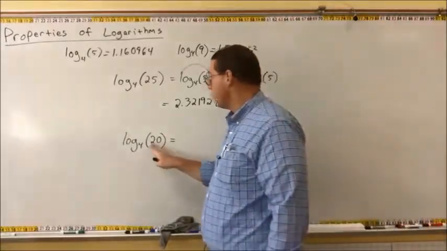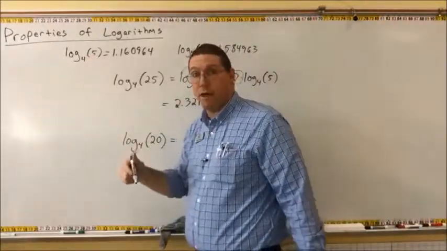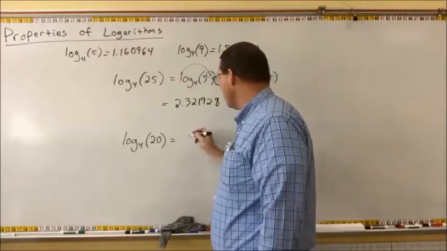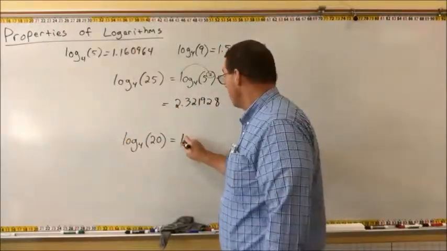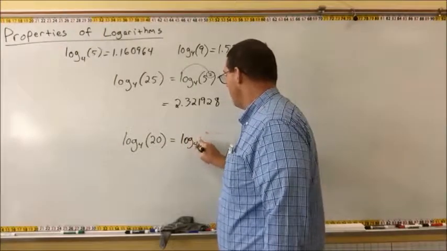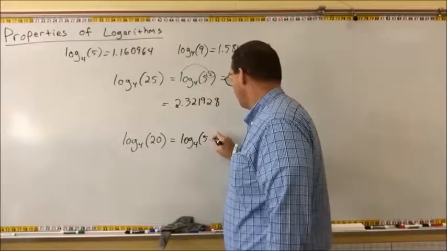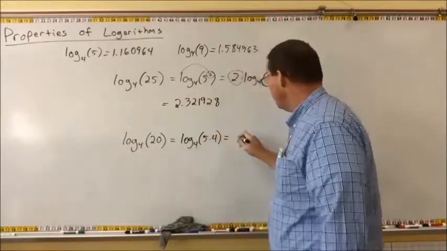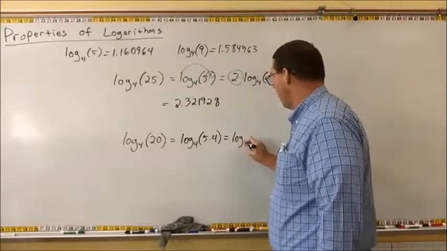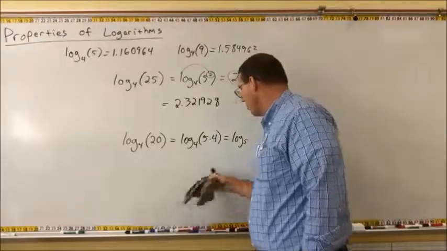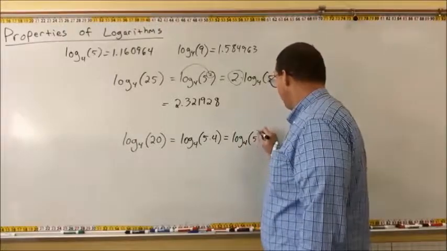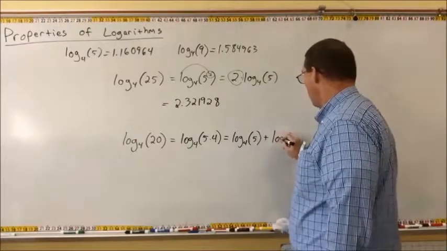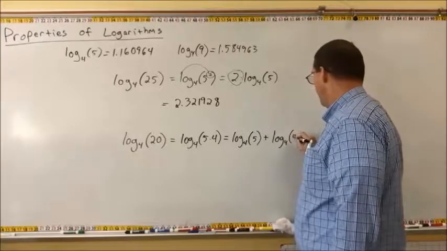My first thought is that 20 is related to 5, right? Isn't 20 the same thing as 5 times 4? So log base 4 of 5 times 4, right? So then wouldn't that become log base 4 of 5 plus log base 4 of 4, right?